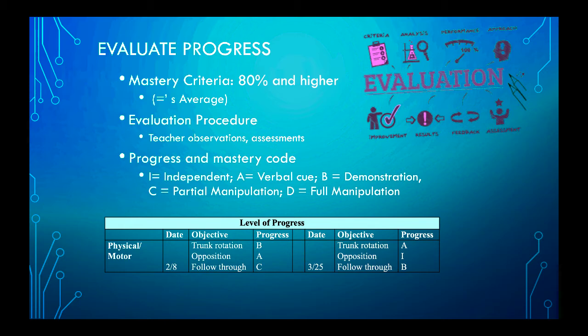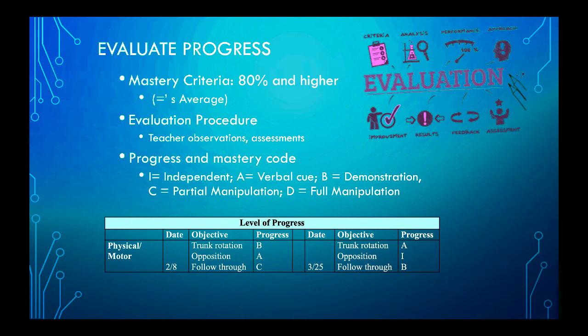And we usually never put 100% for our performance. Why? Because that's just not true. None of us perform a motor skill 100% of the time, all the time, in correct form. However, there is one exception to that. There are a few skills that we may put mastery criteria at 100%, and those are related usually to safety.